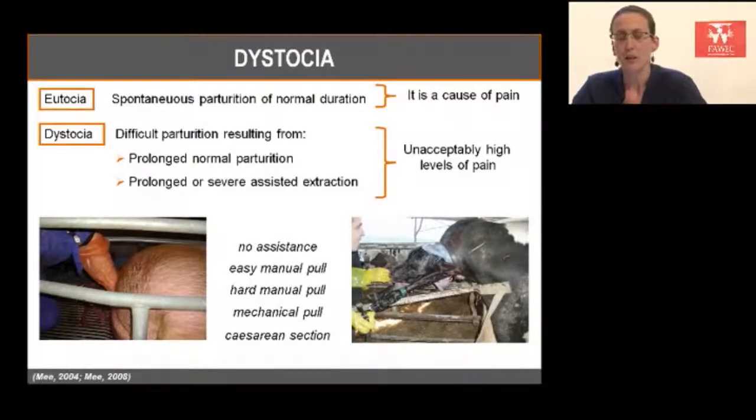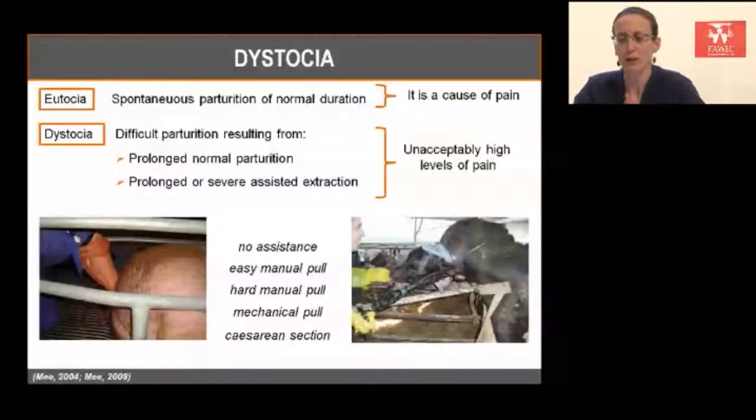In cattle, there are different scales that can divide the different degrees of dystocia or pain at parturition.